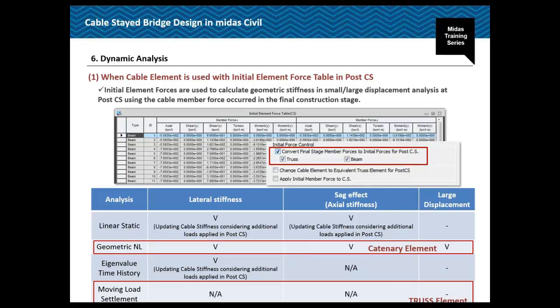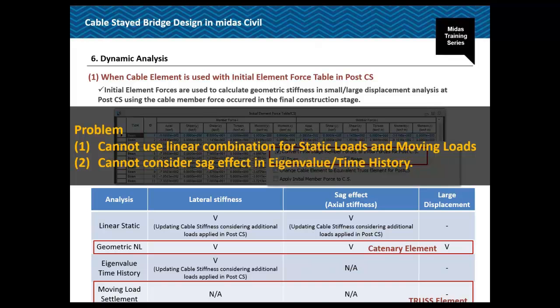So the problem is this type of element is different from the element type applied in the construction stage or the linear static load. So after performing moving load analysis, for designing, we always need the linear load combination.